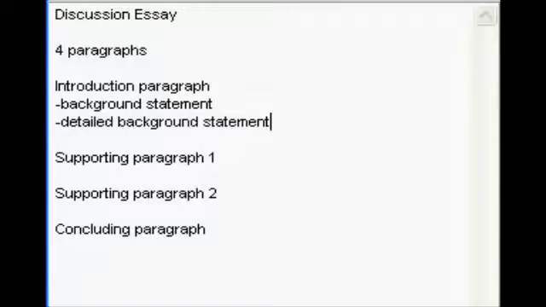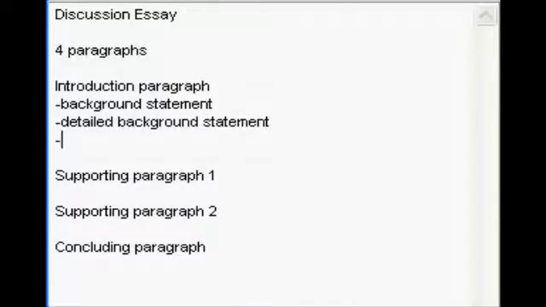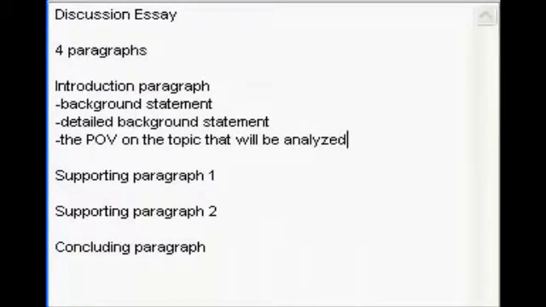So it's basically a little bit more information on the topic that we introduced in the first sentence. The third sentence is the points of view on the topic that will be analyzed. So if you're writing this for an IELTS exam, it's going to be probably 2 points of view on the topic that you're going to look at.